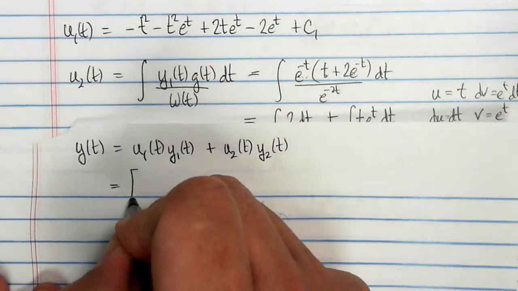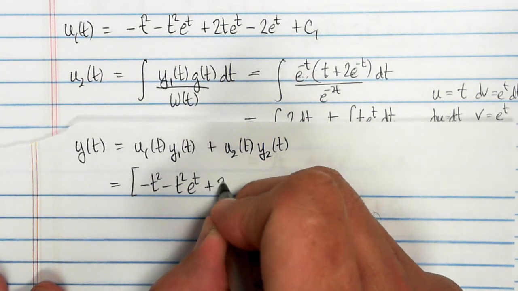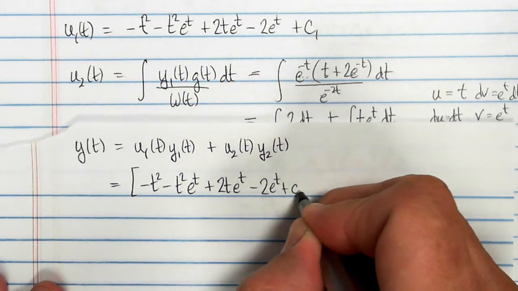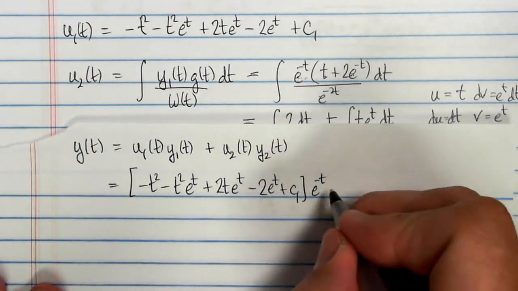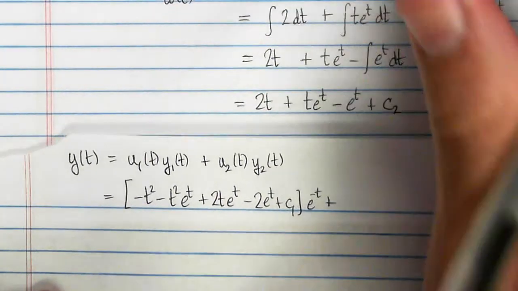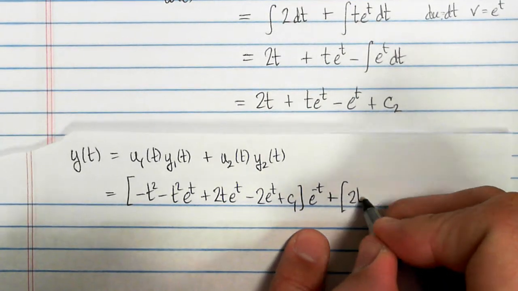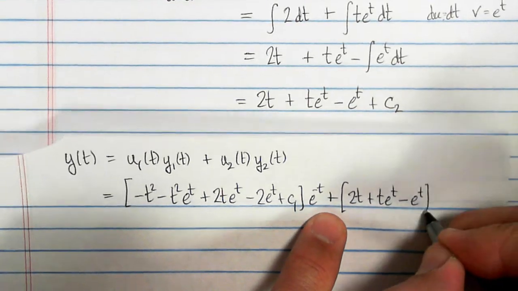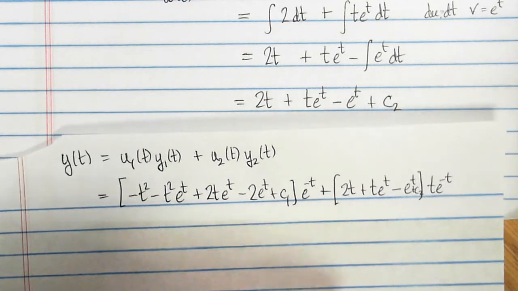So I have negative t squared e to the t plus 2t e to the t minus 2 e to the t plus c1 times y1, which was e to the minus t, plus u2, which we just got, 2t plus t e to the t minus e to the t plus c2 times t e to the minus t.